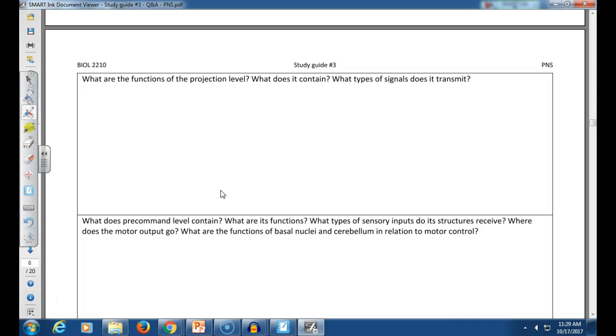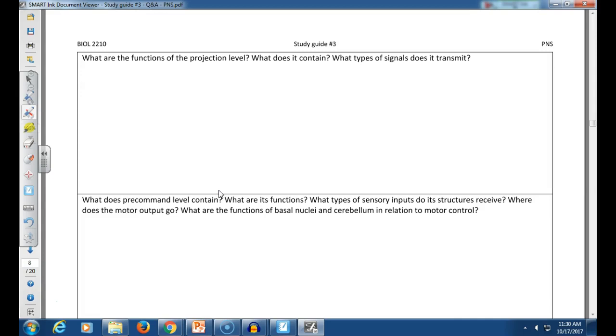They do not. Which level does have direct access to the muscles? Or levels? Projection and segmental. Right. Does that make sense? Is that clear? Can we move on?